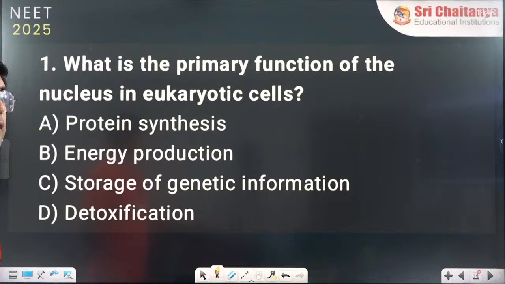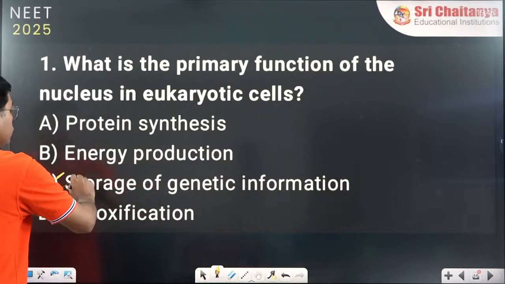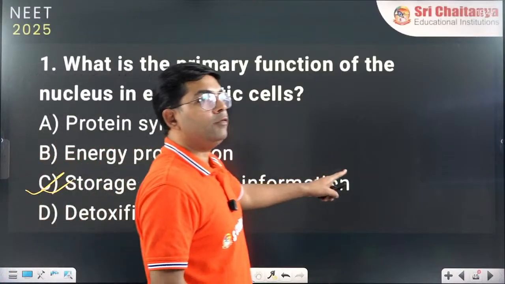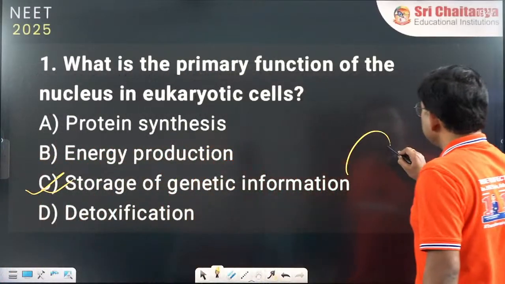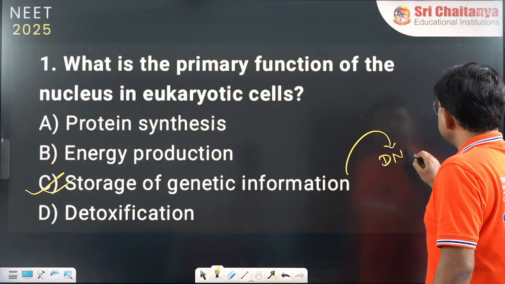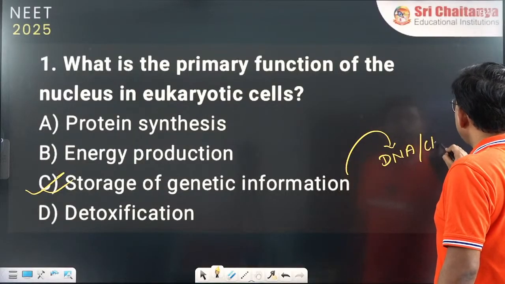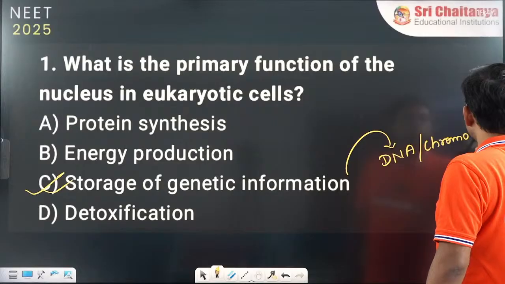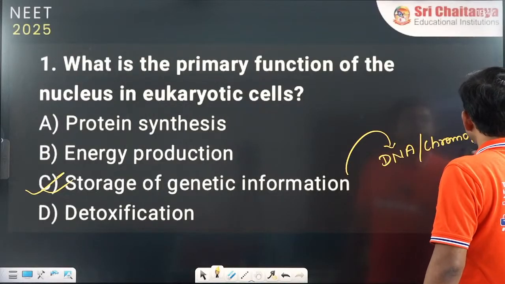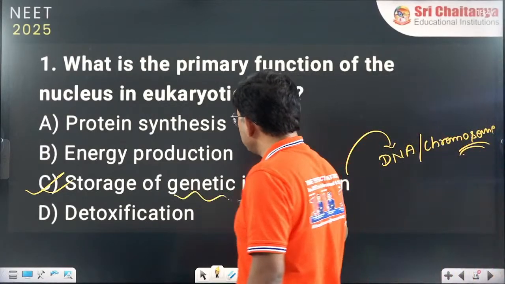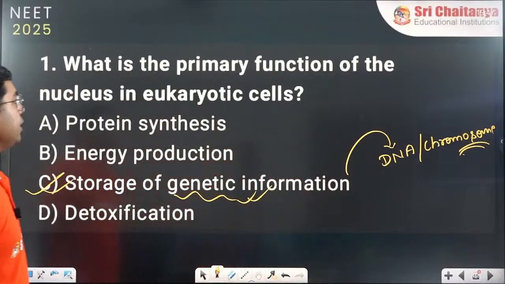Shakuntala, correct. Yashwant, very good. So C is the right answer. Storage of genetic information. Inside the nucleus, what is present? DNA and chromosome. So nucleus has a very important role in the storage of genetic information.